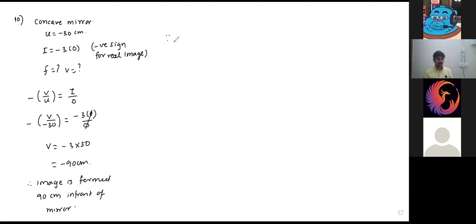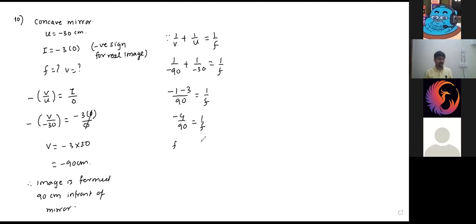So we want focal: 1 by V plus 1 by U is 1 by F. This is 1 by minus 90 plus 1 by minus 30 is 1 by F. This is minus 90. The minus sign 90 नीचे है. This is equal to minus 1 minus 3 is 1 by F. Minus 4 upon 90 is 1 by F. F is equal to minus 22.5 centimeter.